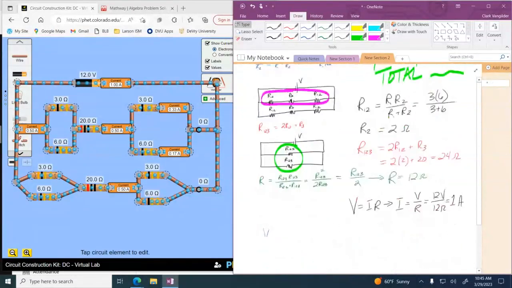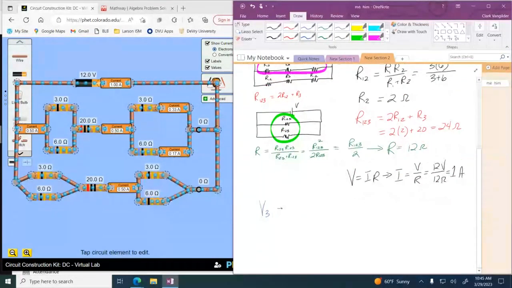So that's the assumption, which would mean you would want to know I3, R3. So we can look at this and see what the current going through that resistor is.